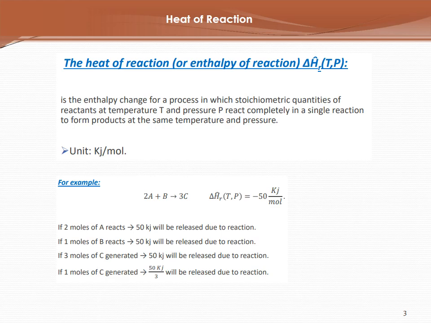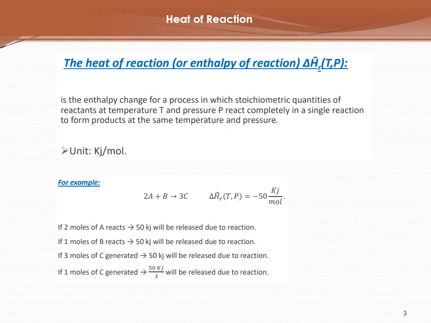If you look at these statements here, it says that if 2 moles of A react, 50 kilojoules will be released due to the reaction. Similarly, you can say that when 1 mole of B reacts, 50 kilojoules will be released. You can also look at it from the product perspective. If 3 moles of C are generated, 50 kilojoules will be released due to the reaction.